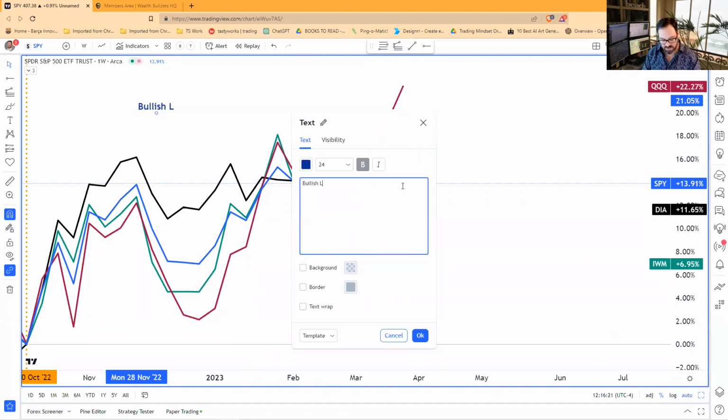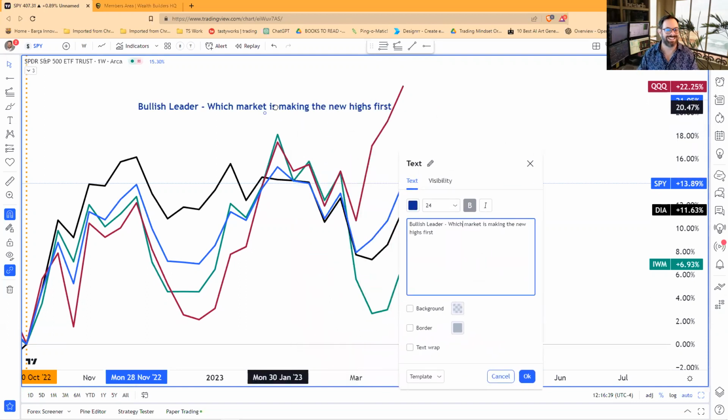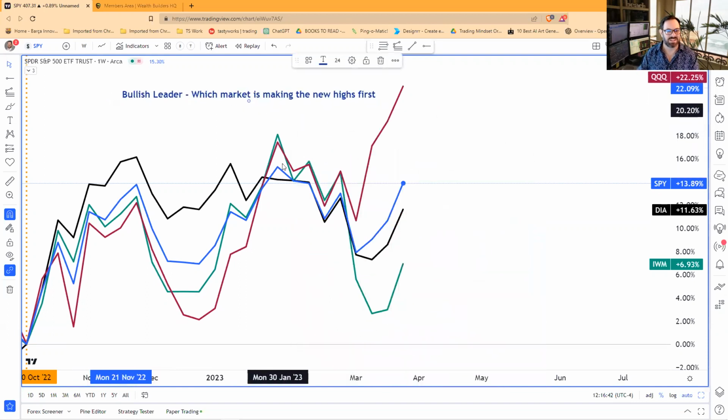So we need to identify the bullish leader, basically which market is making the new highs first. And of course, I can't spell today. That's pretty much every day. But which market is making the new highs first?